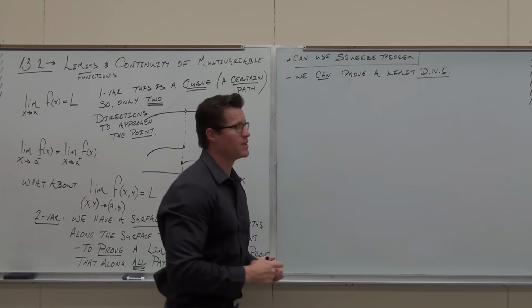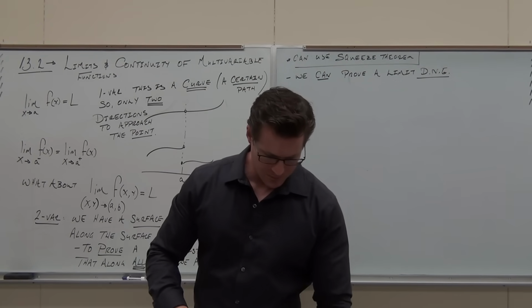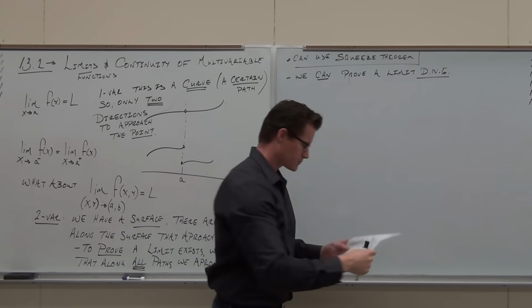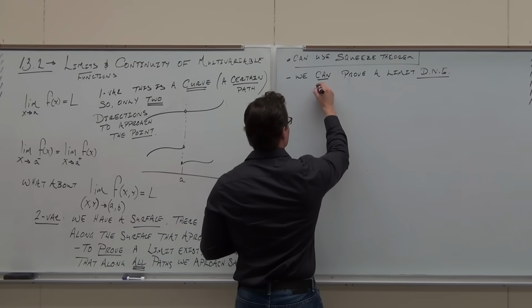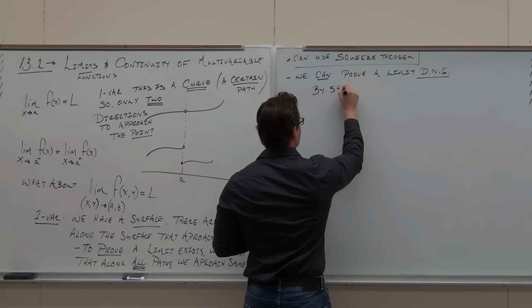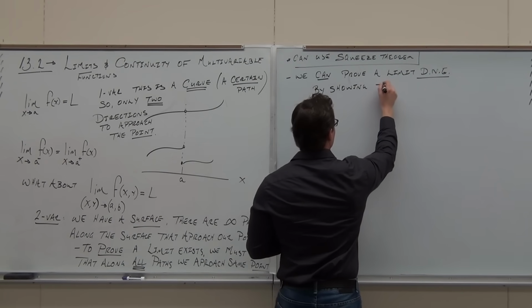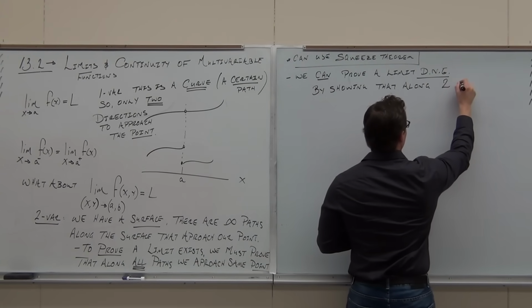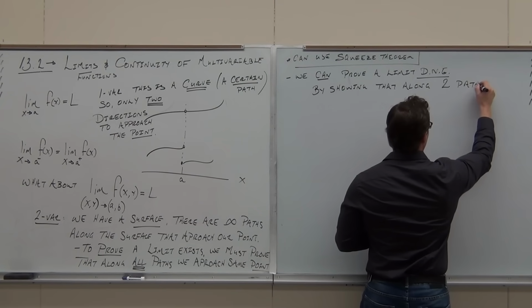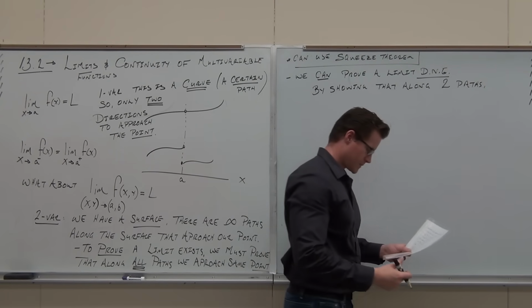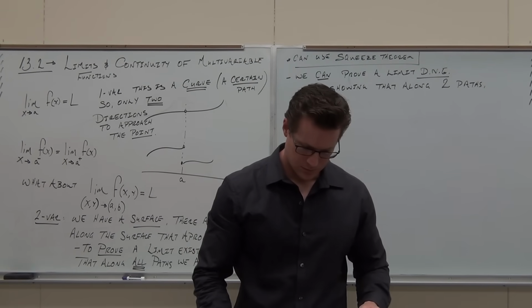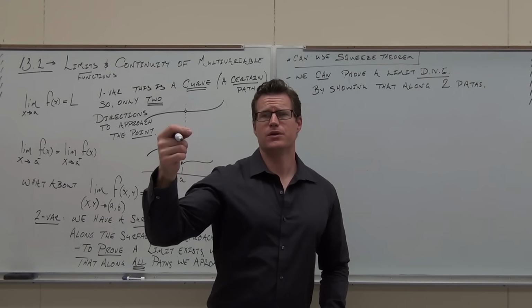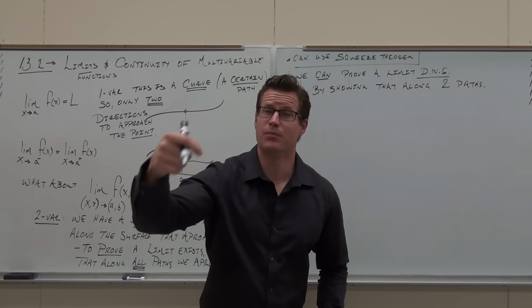So we can easily prove a limit does not exist by showing that along two paths, we get a different value as we approach the same point.